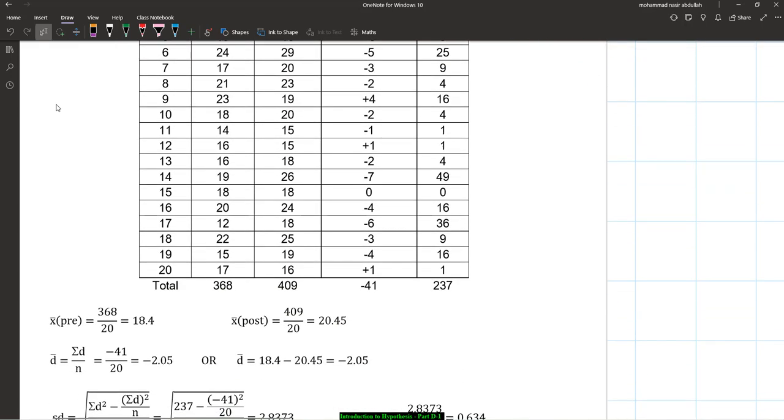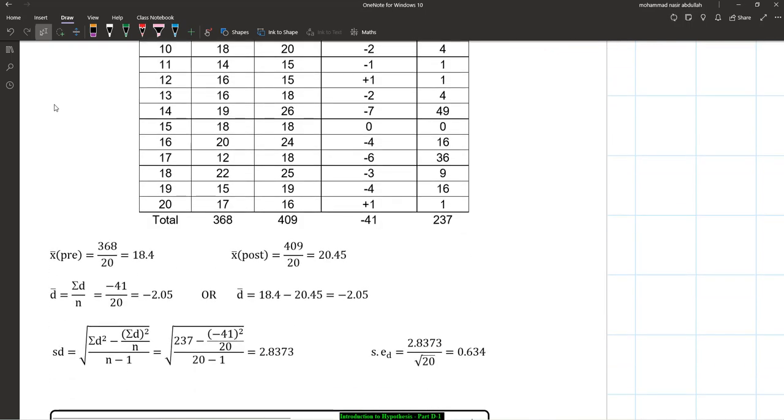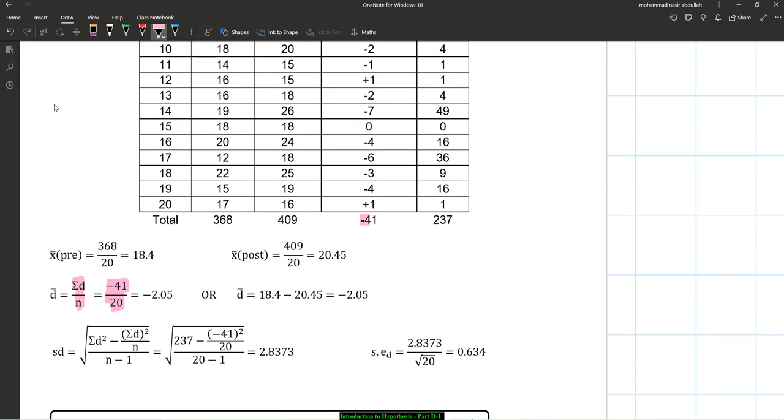mean difference, right? So the mean difference is calculated by using summation of d divided by n. So negative 41 divided by 20. Where do we get negative 41? It means that for every difference value that we got from each observation, we sum up, then we will get negative 41.